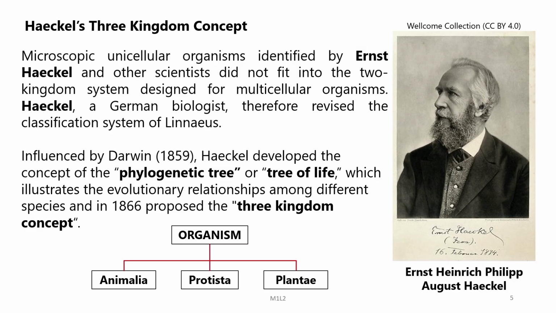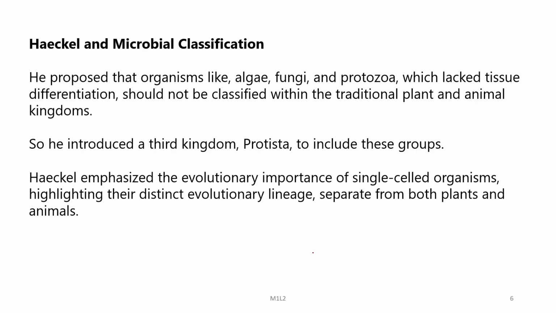Haeckel was influenced by Darwin, and he developed the concept of the phylogenetic tree or tree of life, which illustrates the evolutionary relationship among different species. And in 1866, Haeckel proposed the 3 kingdom concept, where he added a new kingdom called Protista, apart from the two proposed by Linnaeus earlier, the Animalia and Plantae.